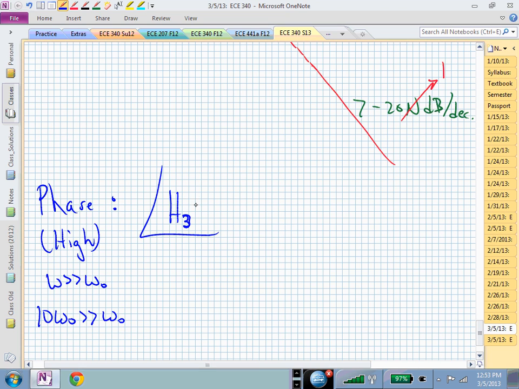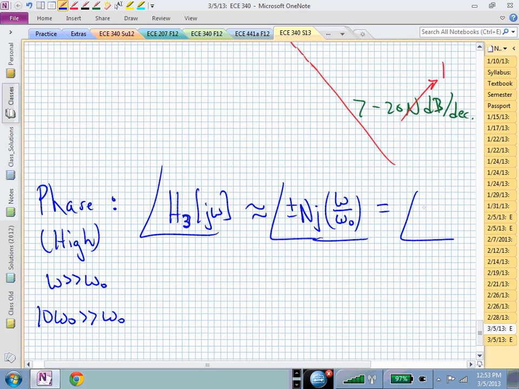For our linear factor, which we said was h sub 3 of j omega, we are approximating that by plus or minus N j omega over omega naught. If this is now for big frequencies, this is what the phase looks like. And what's the phase of that for all these omegas beyond 10 omega naught? That's just 90 degrees, isn't it? The j. So this is now an angle of plus and minus 90 N degrees.